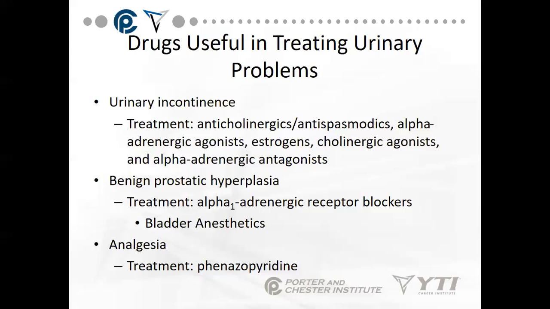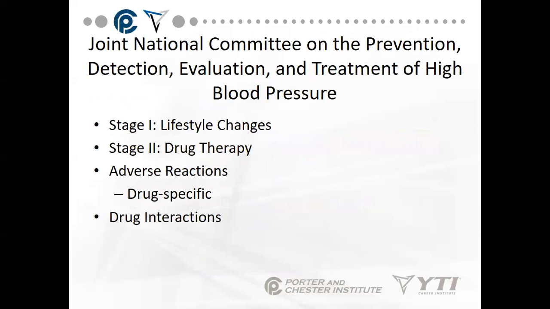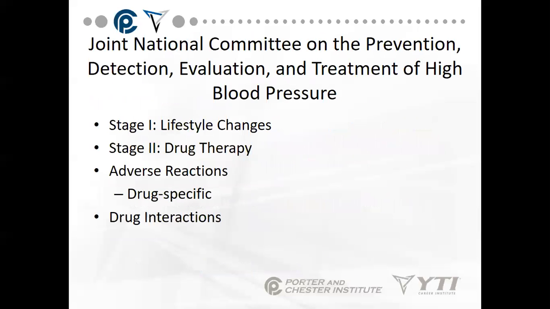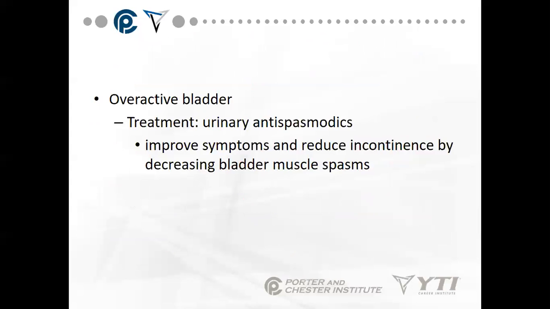So what other categories do we have of drugs for the urine? We also have bladder anesthetics. I don't like these slides because they don't tell me everything. So bladder anesthetics are drugs that, when taken orally and excreted into the urine, act like a local anesthetic.